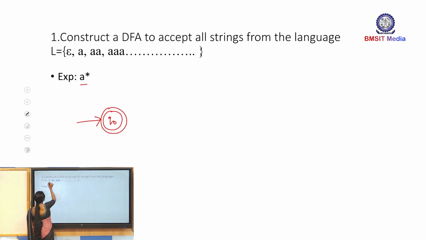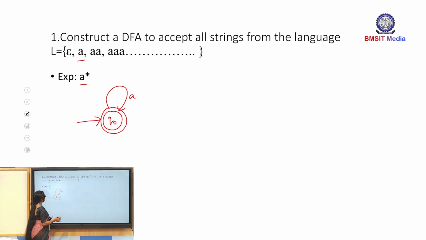Onwards, the next string that the machine should accept is A, and then 2 occurrences of A, 3 occurrences of A, and so on. So what we can do here is, instead of going to the next state, have a self loop indicating A. This would satisfy all the conditions of accepting epsilon, a single A, 2 occurrences of A, 3 occurrences of A, and so on.